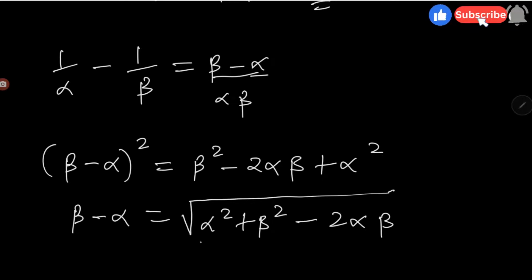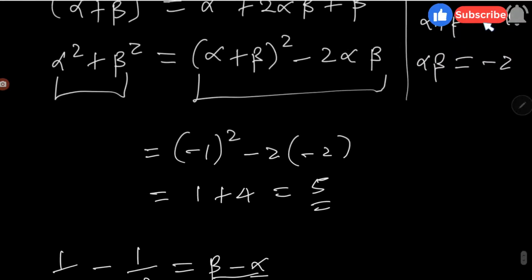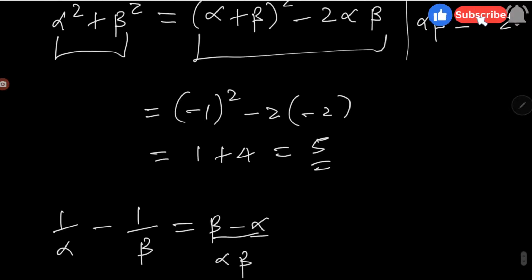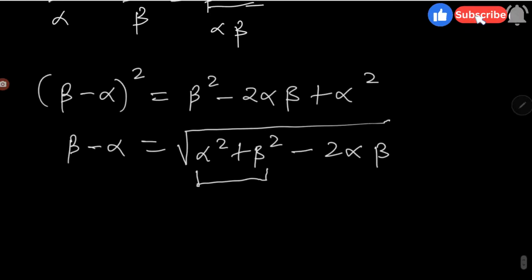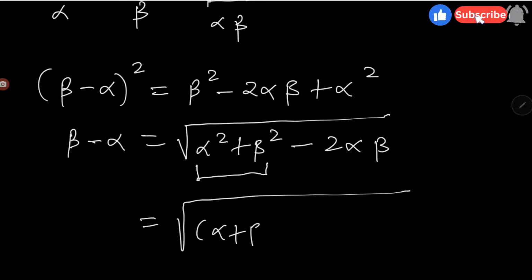Now, I don't know this, but from the previous example, we know alpha squared plus beta squared can be written as what we have here. Okay, alpha squared plus beta squared. So we have alpha plus beta squared minus 2 alpha beta. So we can say this is equal to alpha plus beta squared minus 2 alpha beta.